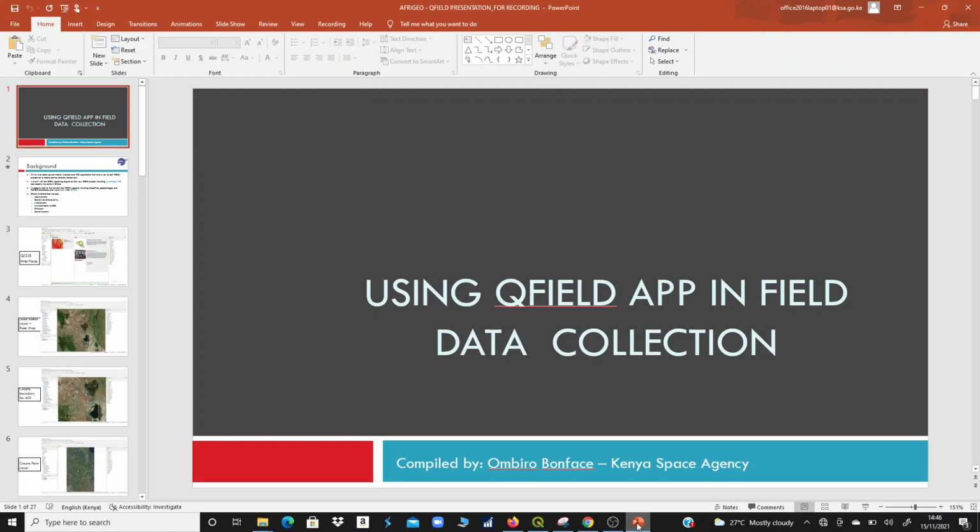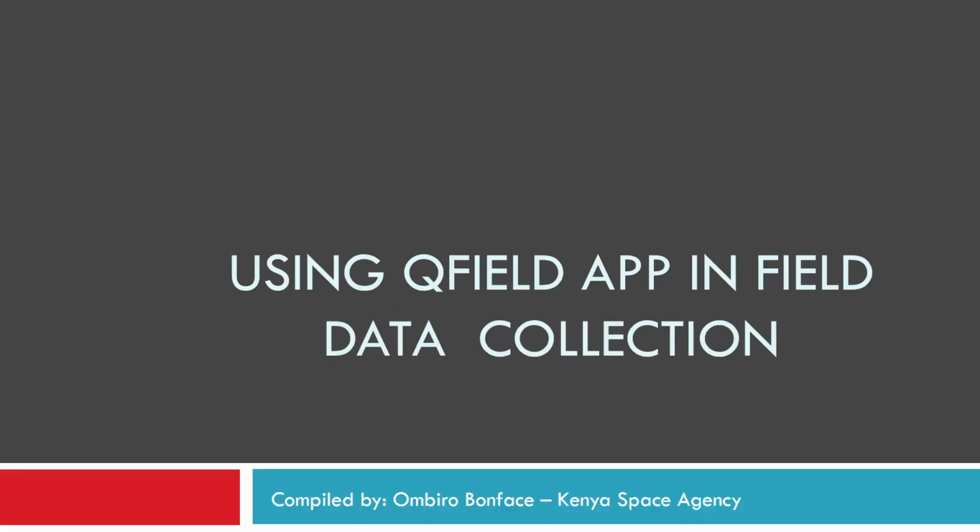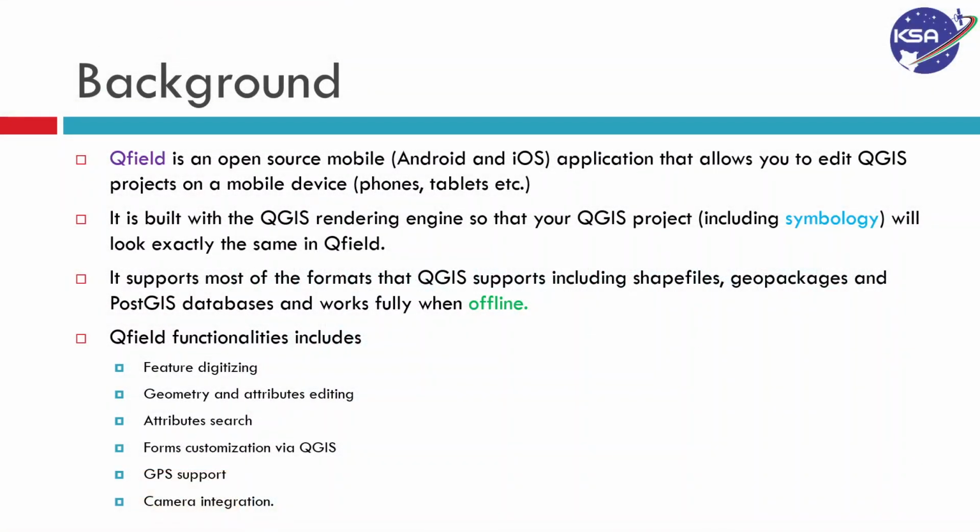The name of the app is QField, and it usually works with QGIS software, which is a GIS software. QField is an open source mobile app, and it works with both Android and iOS.